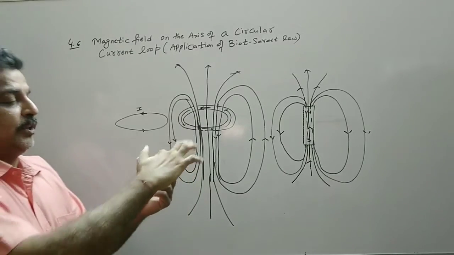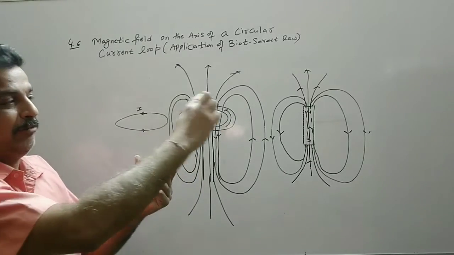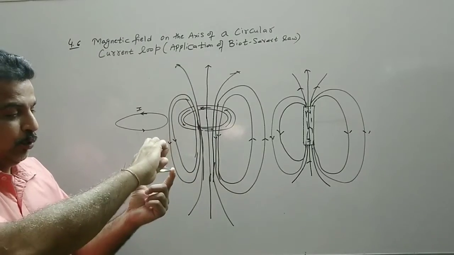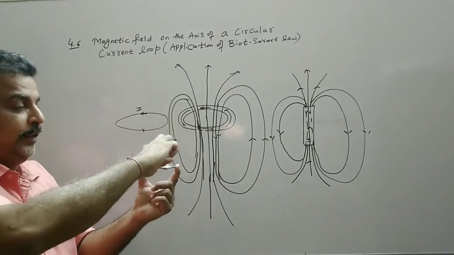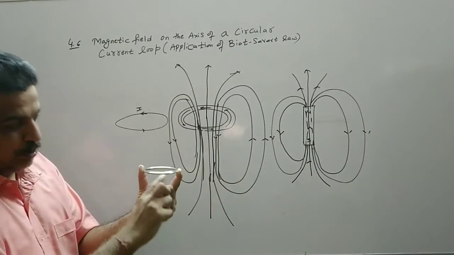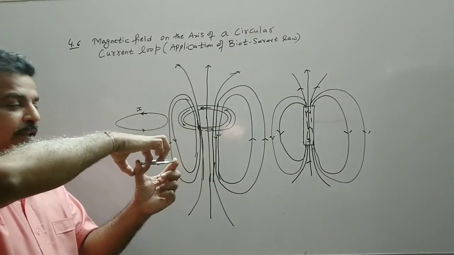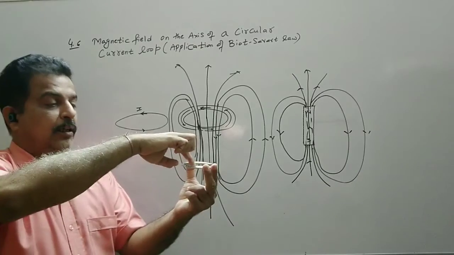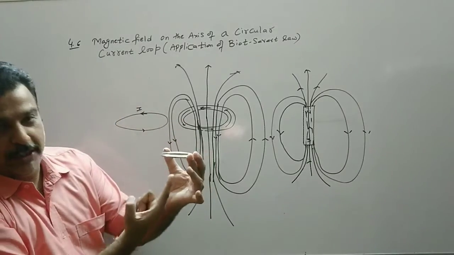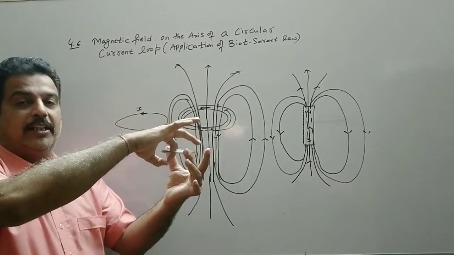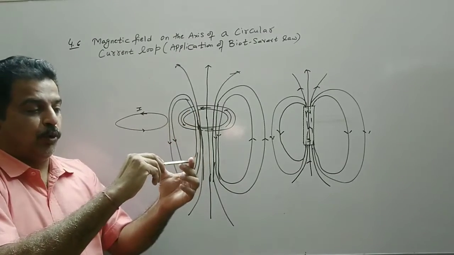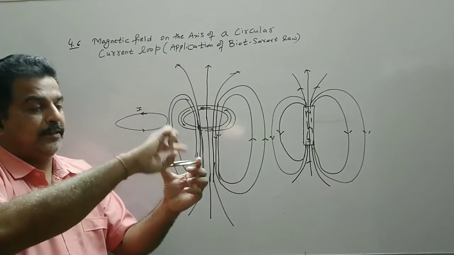Otherwise, for this portion the magnetic field is in this direction. It originates from the upper side, then goes inward like this. At this point it is again coming out from below, it is going in. The magnetic field is like this. For this portion it is like this.